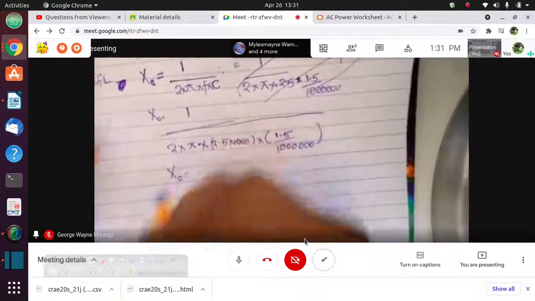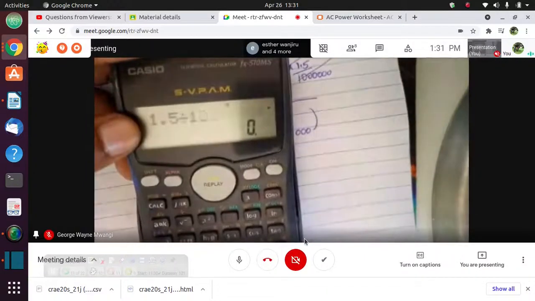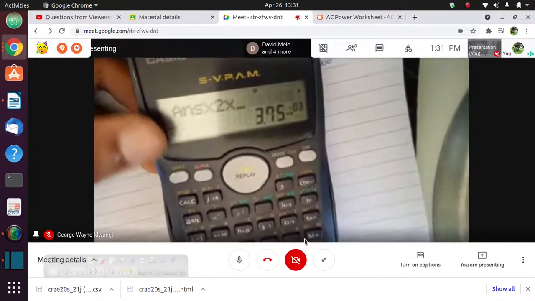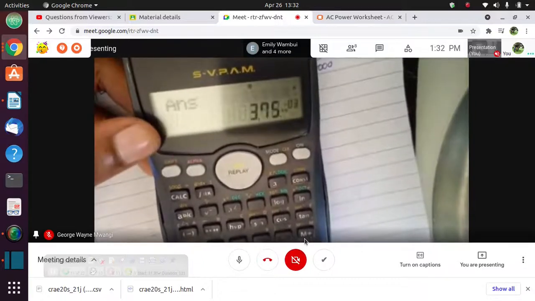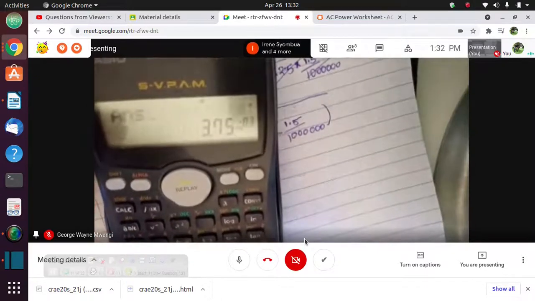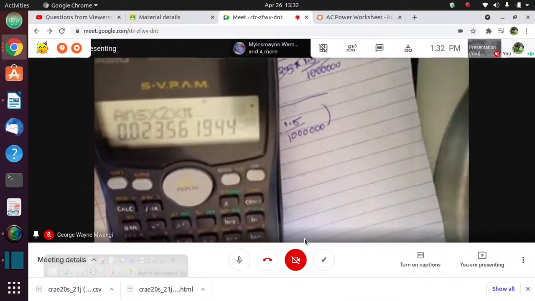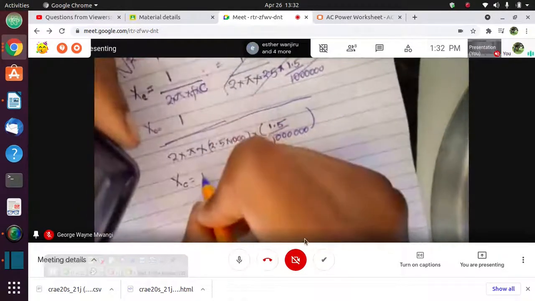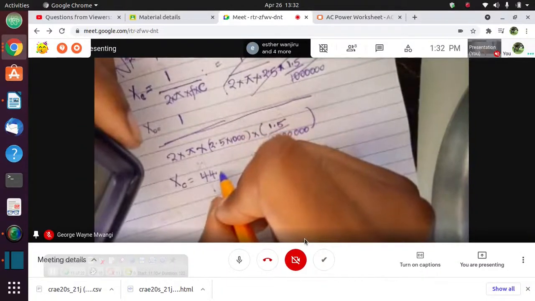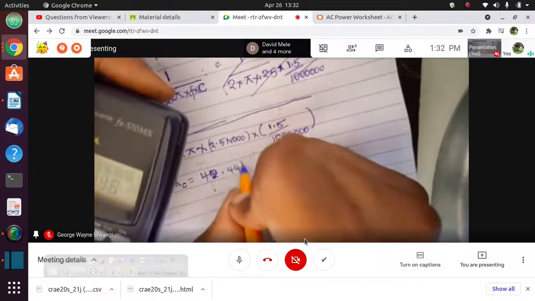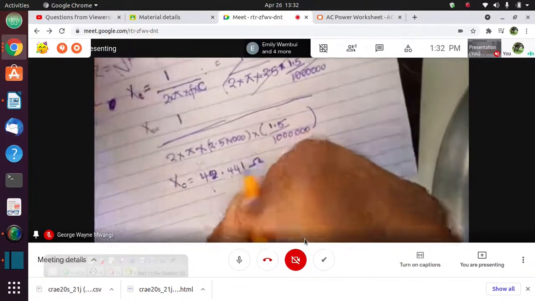Therefore, XC is 1 divided by 1.5 times 10 to the negative 6 times 2500 times 2 times pi. When you calculate that, we get that the capacitive reactance is 42.441 ohms. That is the value of XC.